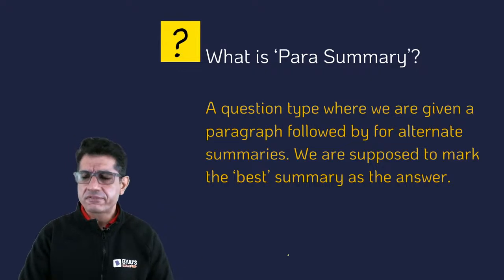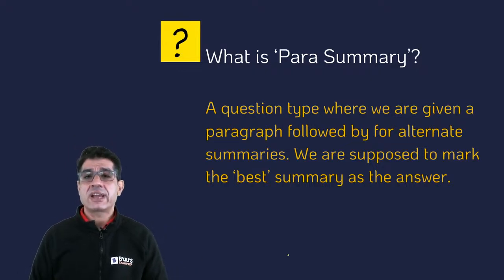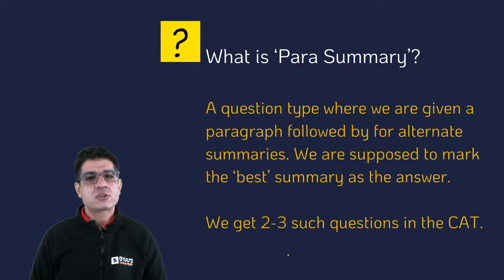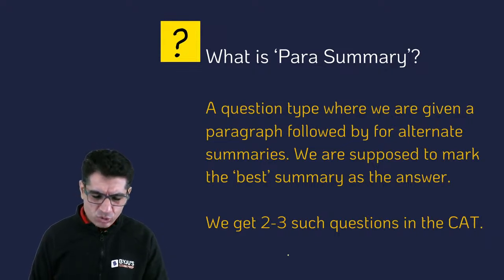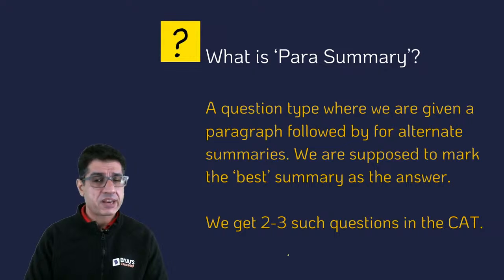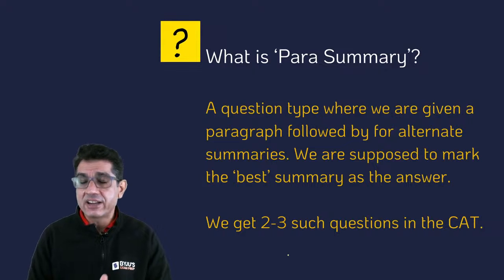And it's a fairly regular fixture of the CAT exam where you are expected to get 2 to 3 of these questions every year. And in fact, if you have gone through precis writing or summary writing back in school, back in college, you would probably be familiar with this. However, I think it is less of summary and more of main idea. So if you look at the answer choices, they usually focus on our ability to identify the main conclusion or the key idea of the paragraph, and if you can develop that ability, you would definitely be able to get these right.